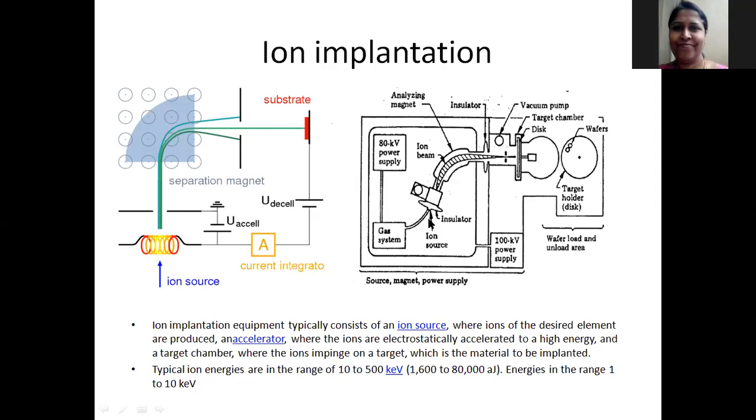So the ion source is the source of impurities here, and you have different impurities for different types of semiconductor material.